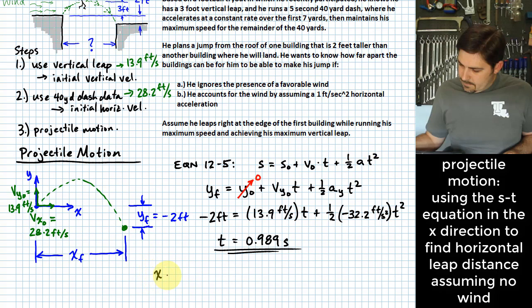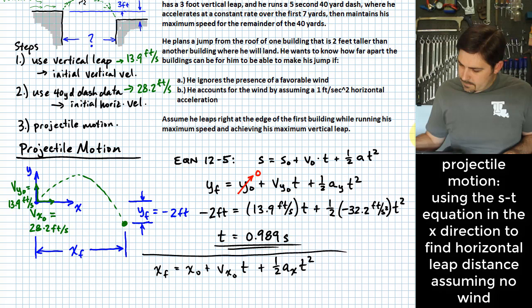So xf is going to be equal to x naught plus vx naught, the way I wrote that earlier, times t, plus 1/2 of ax times t squared. Okay, so this is in the x direction.